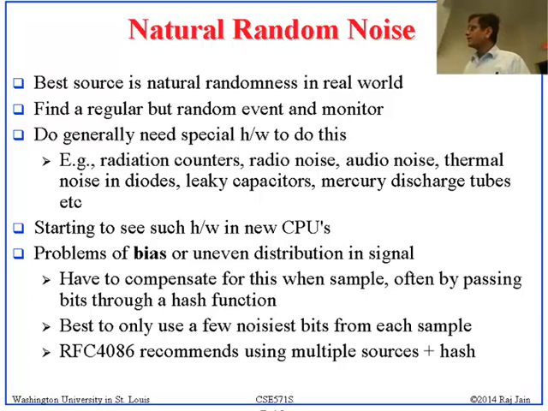And it is best to use only a few noisy bits from each sample. If you get a sample which is this big, you don't use all the bits. Generally the noisiest bits are at this end, but this is not always the case. The least significant bits may be the noisiest, and in some cases it could be the most significant bits. So you just use some bits.